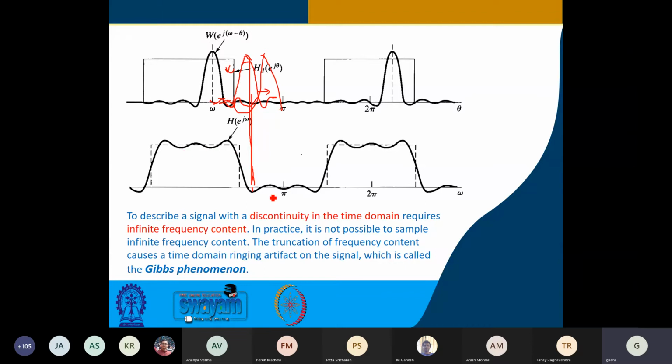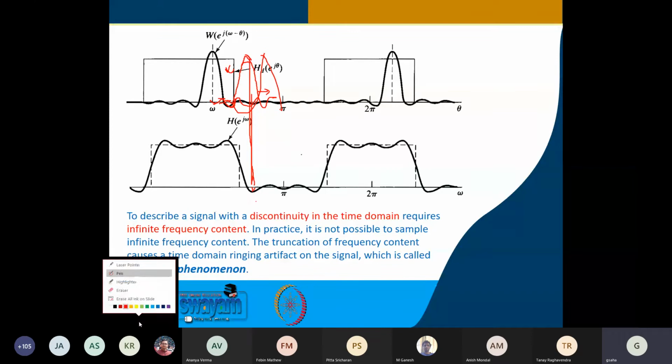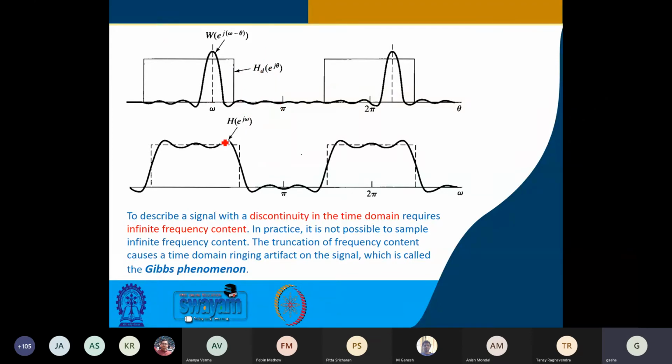But this is the ripple, and the first side lobe is the most problematic one. The other observation is that this height and this height come from the effect of the first side lobe going out or coming in, so they are of the same magnitude.